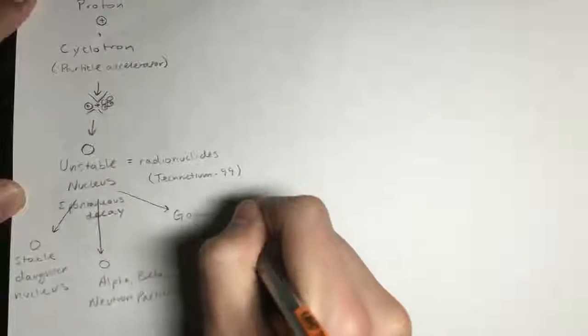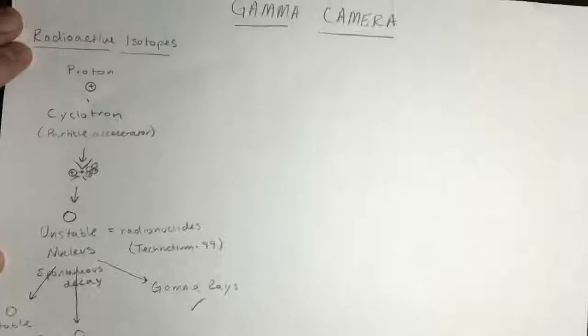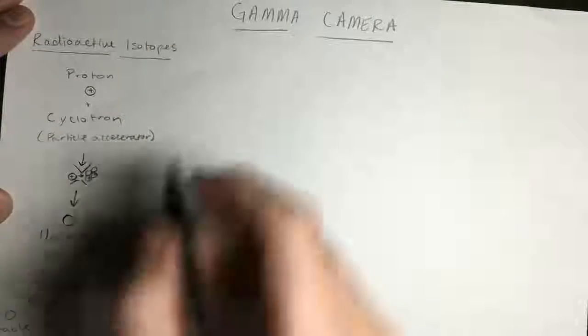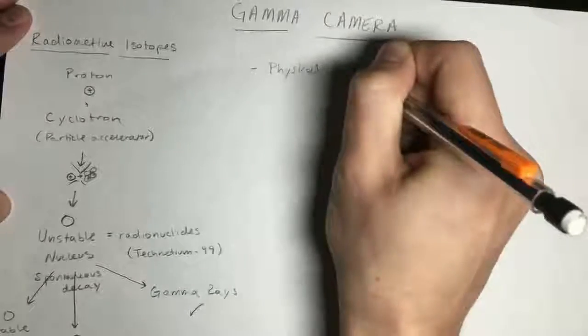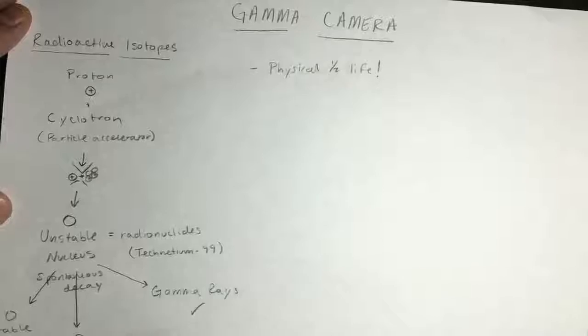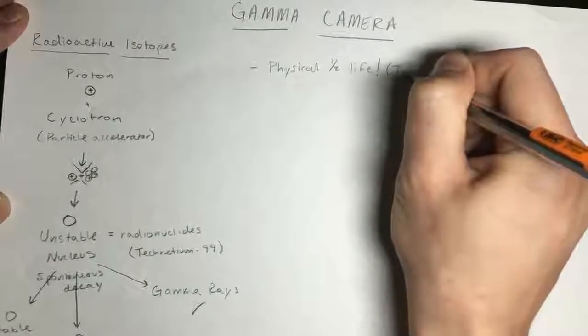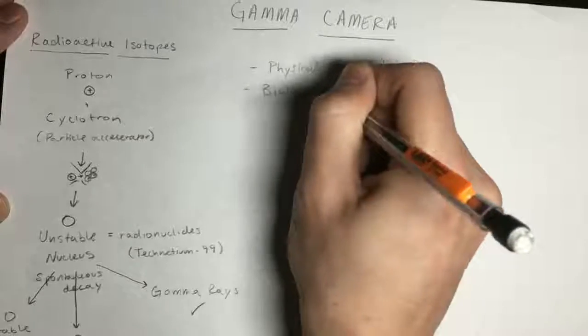And the radionuclide produced emits gamma rays. So we have a physical half-life, which is the time required for half of the substance, in this case technetium-99, to undergo radioactive decay.